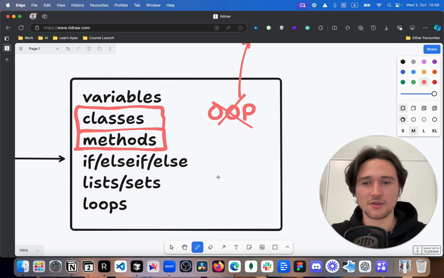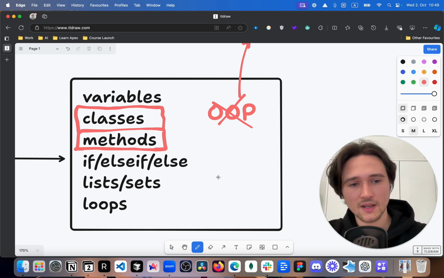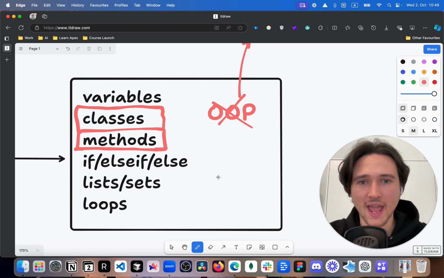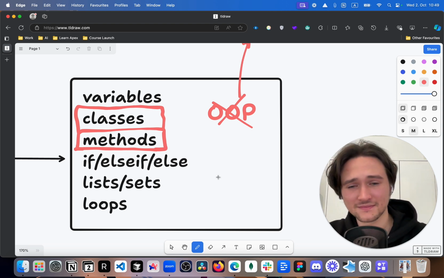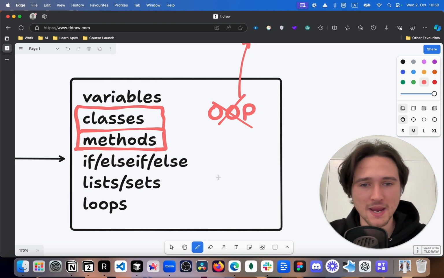I could write you 50 topics that you need to learn, but this is not the approach. If you try to learn every single topic in Apex, you're going to drown in topics. You're not going to be able to do it, because there's an endless amount of topics that you can learn. So focus on topics that will make the biggest impact.